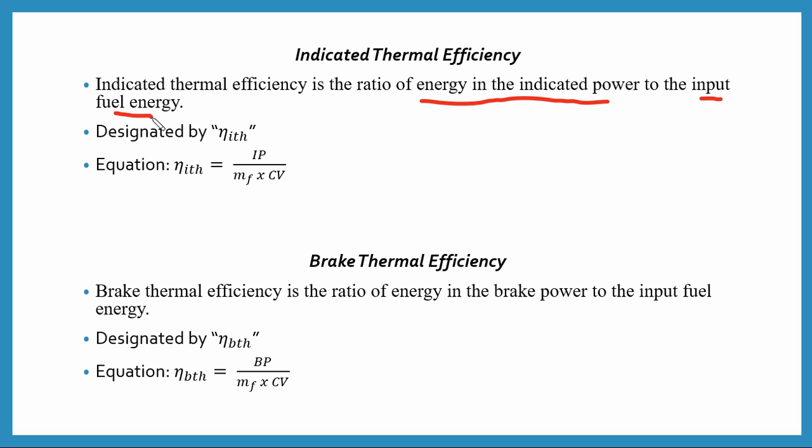This is the indicated thermal efficiency, designated by eta ITH, and the equation of indicated thermal efficiency is IP divided by MF into CV, where MF is the mass flow rate of fuel and CV means the calorific value of the fuel.